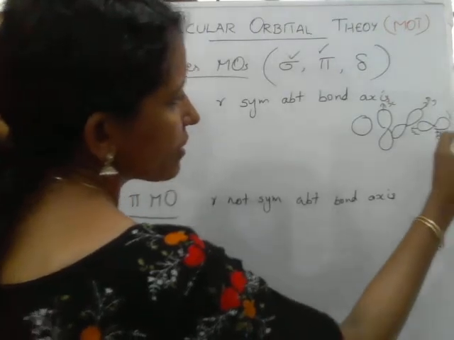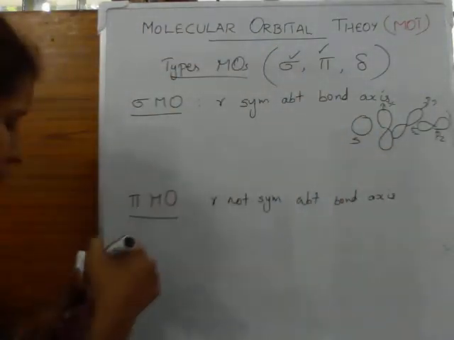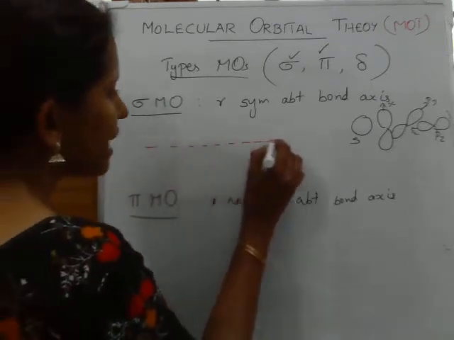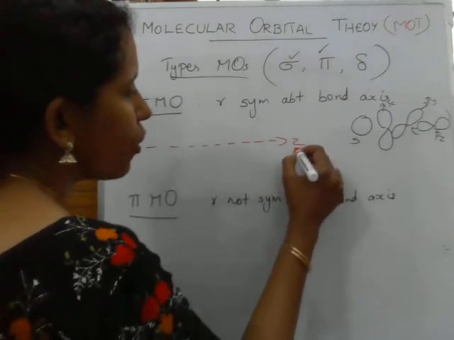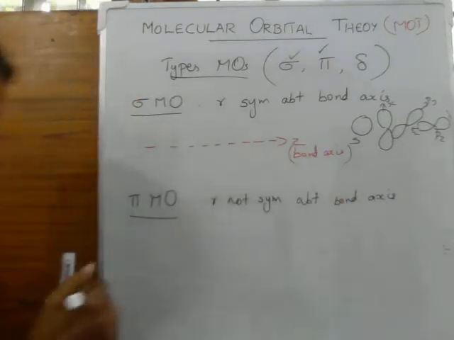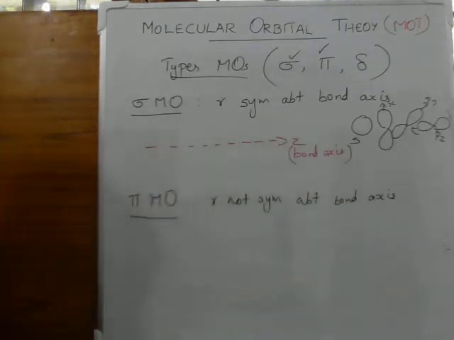And by convention, we select the z-axis. The z-axis is considered as the bond axis. The molecular axis or the bond axis is taken as the z-axis.